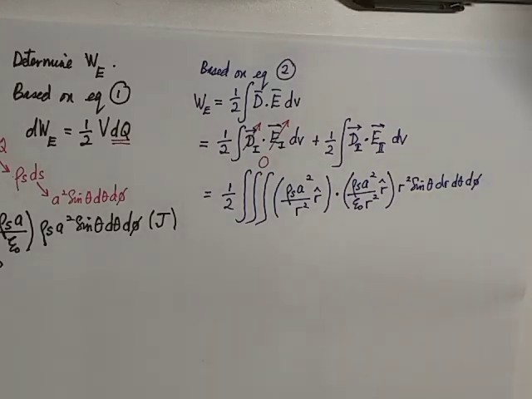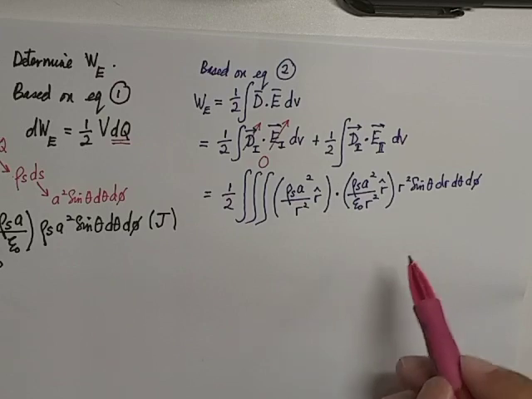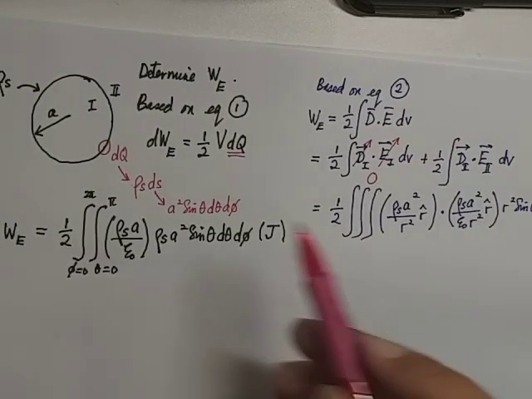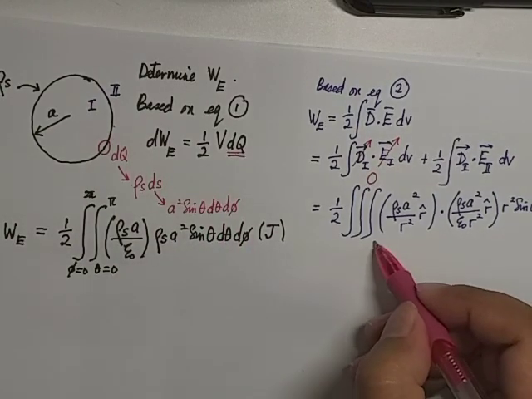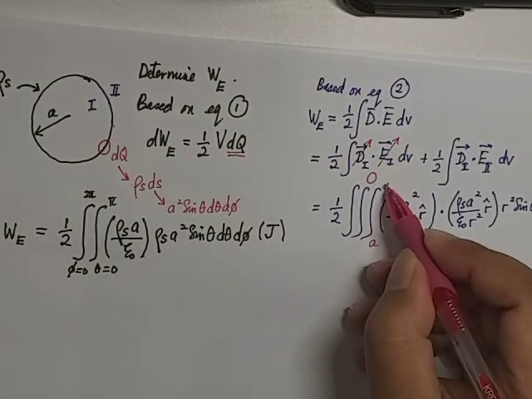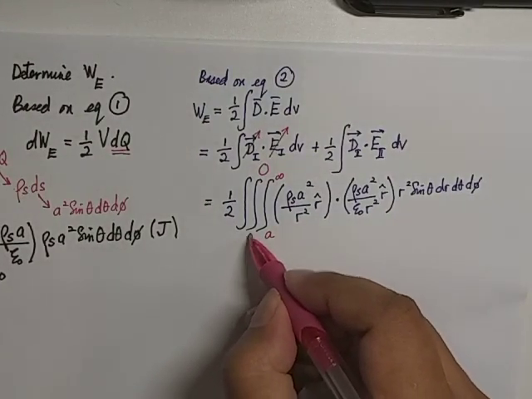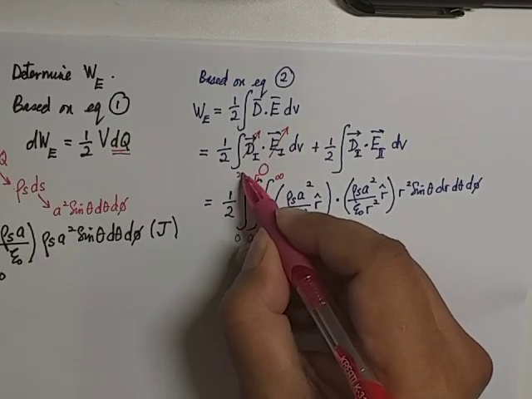So let's put limits now. The only field that we need to consider now is the field of region number 2. Therefore, R should be from A to infinity, theta 0 to pi, phi 0 to 2 pi.